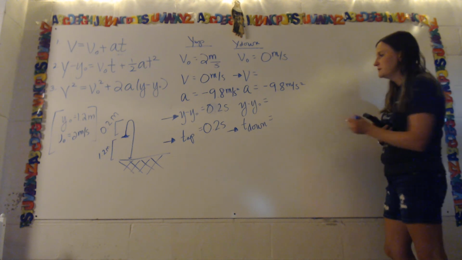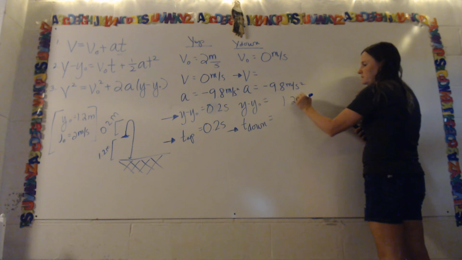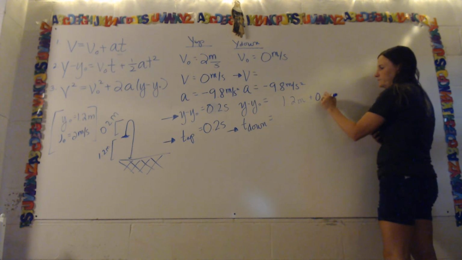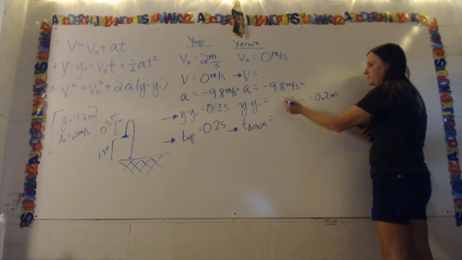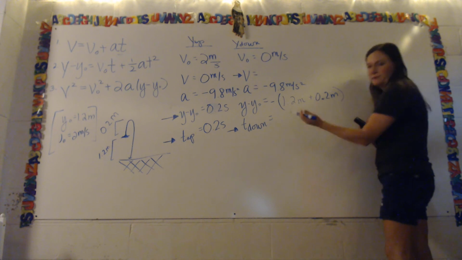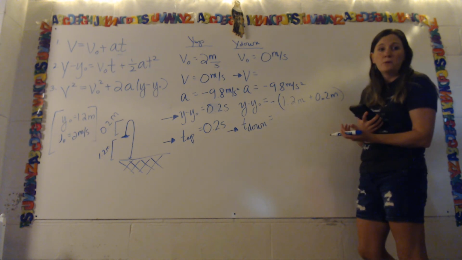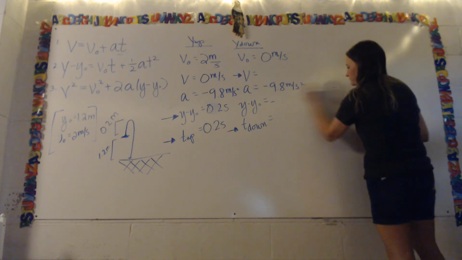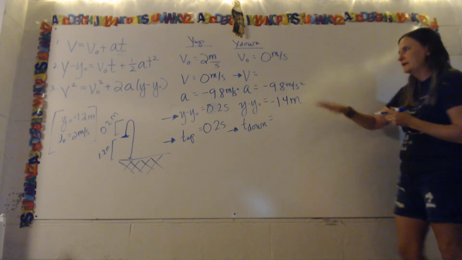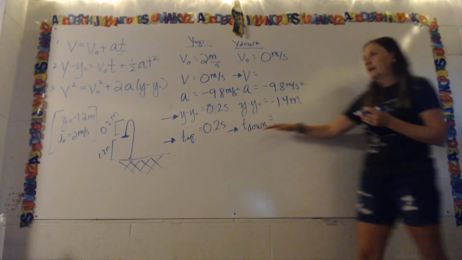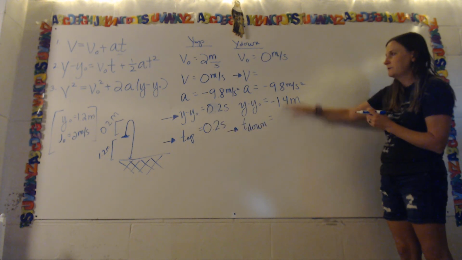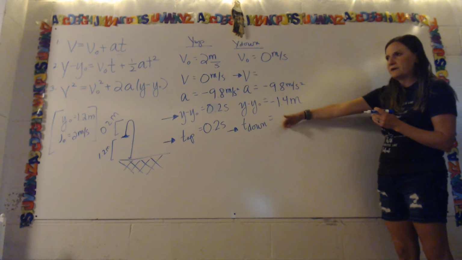And it's going to be the 1.2 meters where you started plus the 0.2 you went up. And again, you want to make that negative because it's falling down, okay? So I would call that, I'm going to erase it so I have more room, negative 1.4 meters. And now that we know that, which we had to do all this stuff with up to get it, we can solve for everything else with y down. So we can find the total time, we can find the final velocity. Let's go find time first.